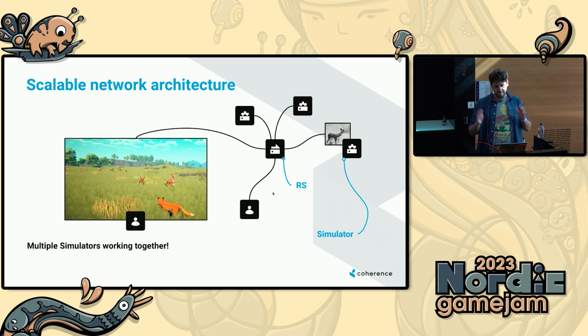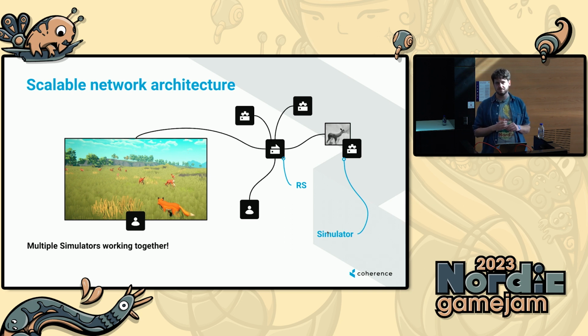We also support many scalable network architectures, like in this case, and I have a demo later, maybe I'll show you, where you have a client with the Fox, you're running the Fox, so you have authority on your character, but then the simulation of other entities is actually spread around other network nodes, which are called simulators. So simulator is our concept of a server.